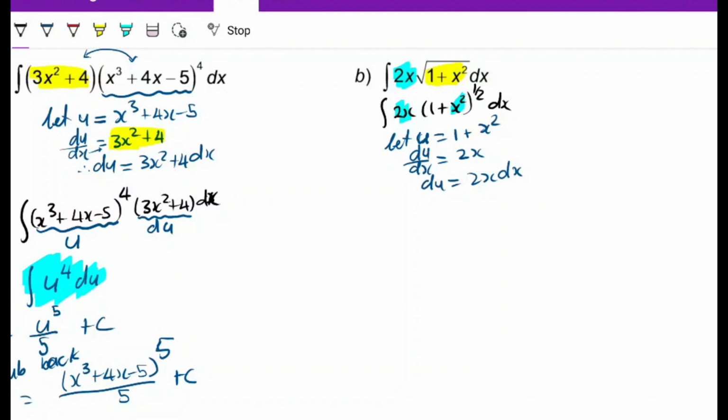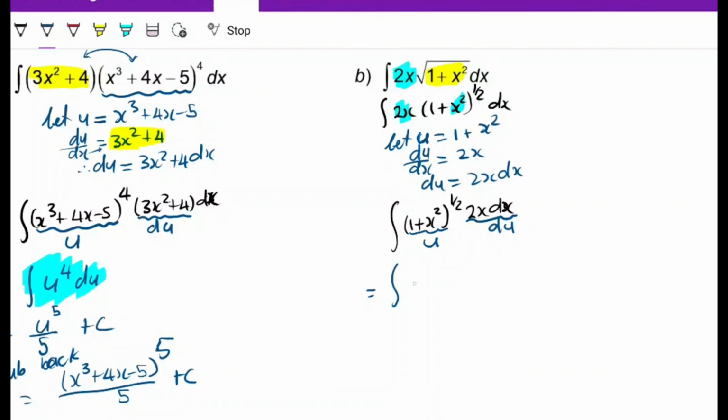So I'll rearrange the expression: (1 + x^2) to the half, and then 2x dx. From here, pick up that this part is u, and this part is du. Therefore, we can easily work out what our integral is.